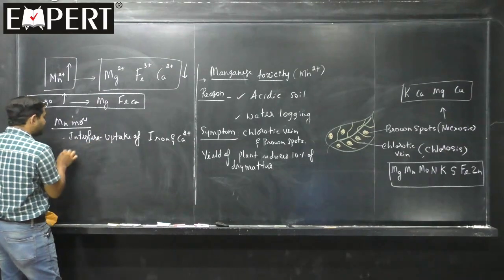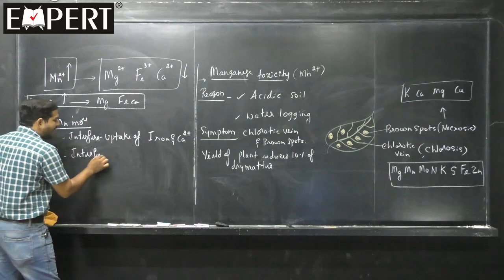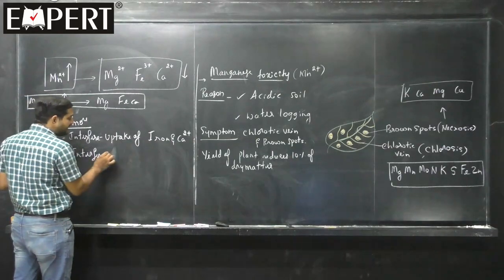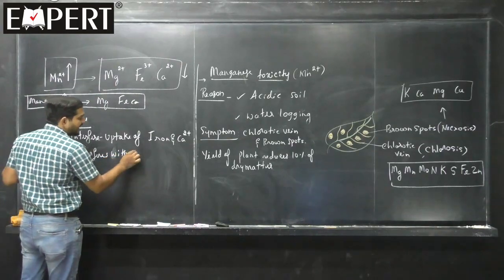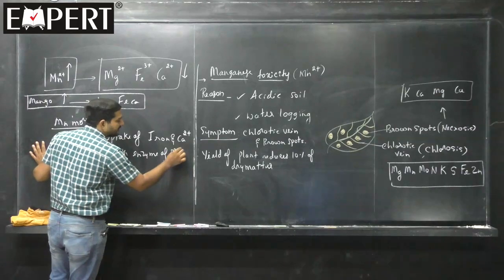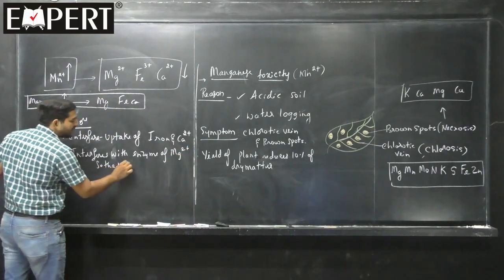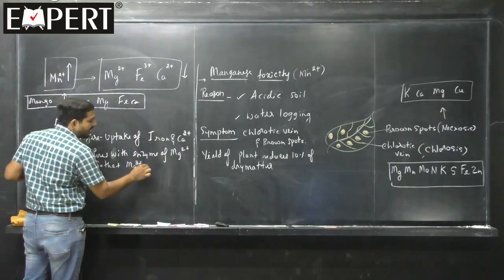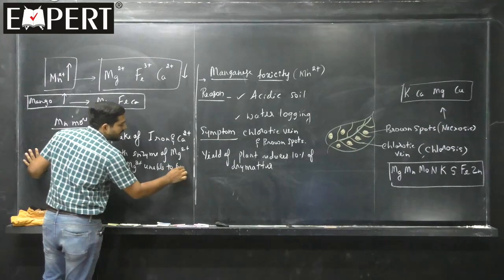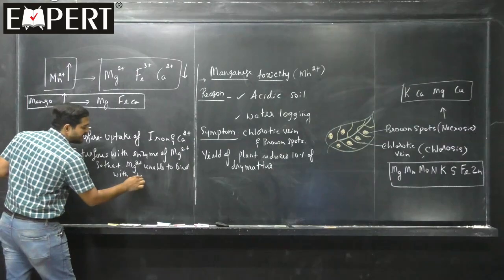Second point: manganese interferes with the enzyme of magnesium, so that magnesium is unable to bind with its enzyme.